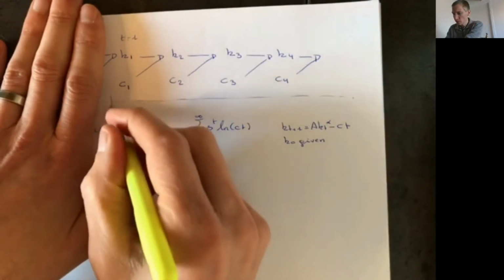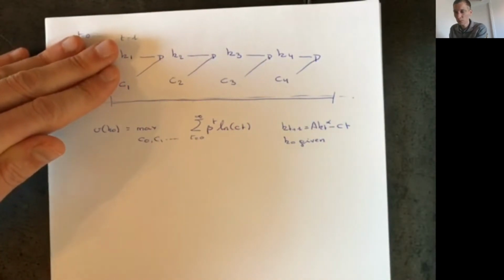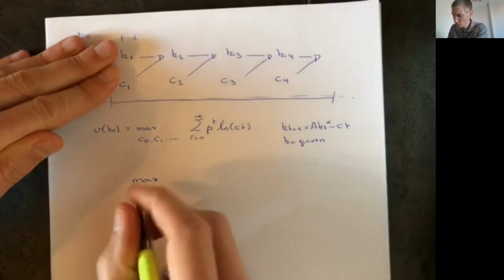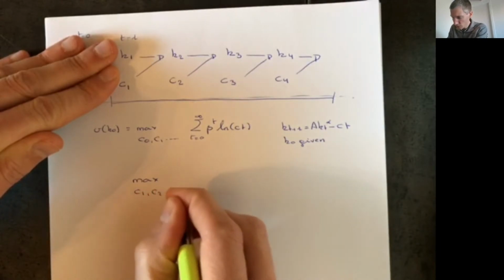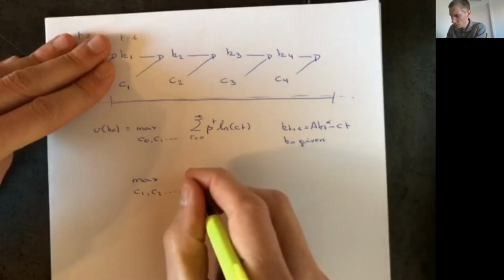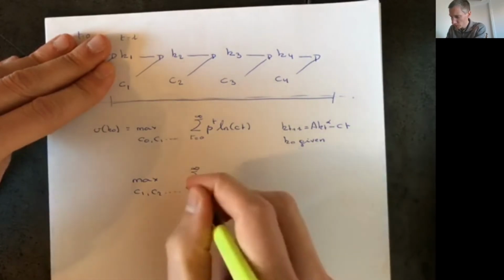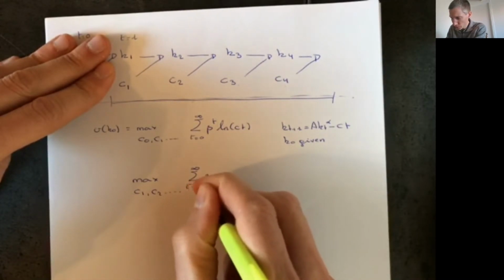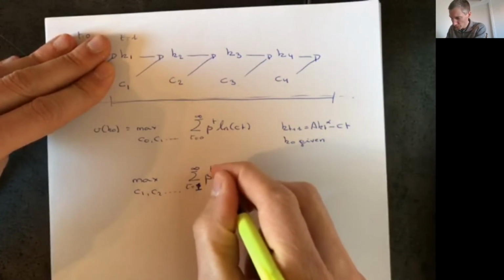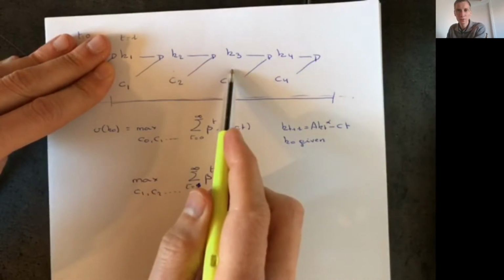So if you only look at this period here, now the optimization problem of our decision maker is to choose c1, c2, and so on, right? Because c0 is already decided on. I don't have to maximize over it anymore. The sum from t equal to 1 to infinity, because we're starting at period 1, of beta to the power t minus 1, because this is the present, this is tomorrow, this is in two days, right?